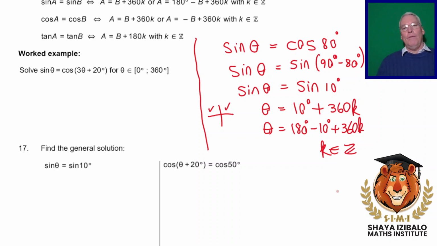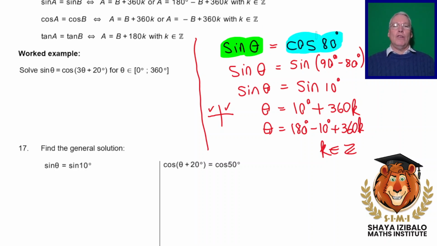So if we've got sine and cos in the same equation, but they are operating on different angles, then what we can do is change one of those ratios into the other one, and I think it's maybe easier just to change cos into sine.